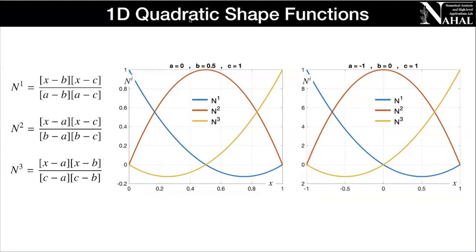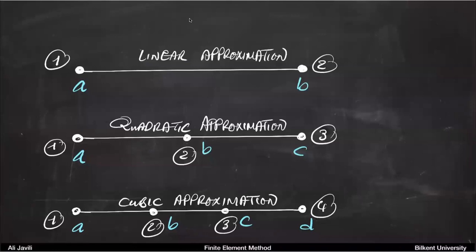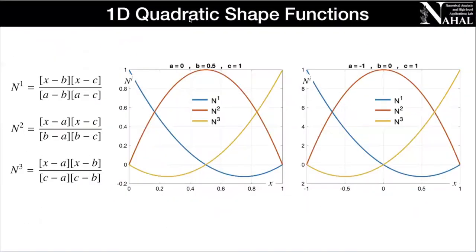At node 2, n2 is 1, and at the other two ends, it is just 0. Does that make sense? Very good.